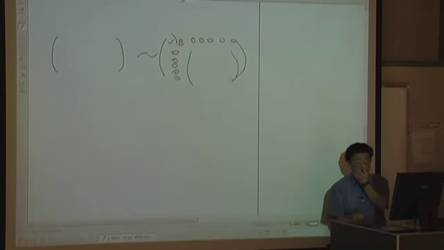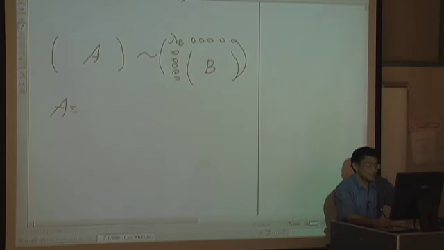So this is the strategy. So we have an A matrix and then a B matrix. Then the A matrix has this biggest eigenvalue and then unknown eigenvalues. Now we deflate. Then these are similar. Then the eigenvalues here are lambda and the eigenvalues of B, right?